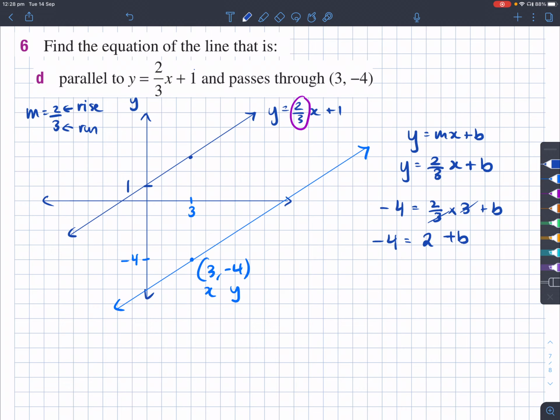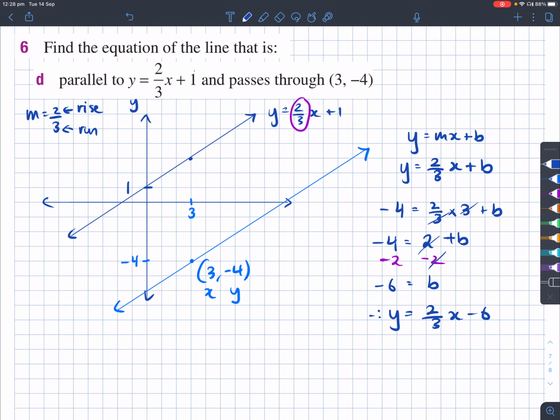Solving this equation by subtracting 2 from both sides, -6 would equal b. Now once I've got b, I can put this back into this equation where I found m already. So that completes my equation. Therefore y would equal 2/3 of x minus 6, with b substituted there. And that is our equation of that line.